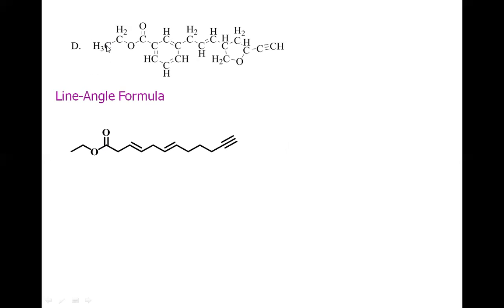Here, if you count the carbons and the oxygen in the linear fashion, 1, 2, 3, 4, 5, 6, 7, 8, 9, 10, 11, 12, 13, 14, 15. So this is also a 15 atom chain, which is in zigzag fashion.